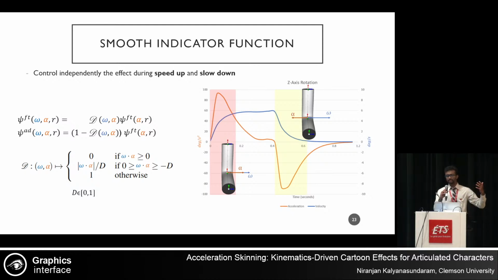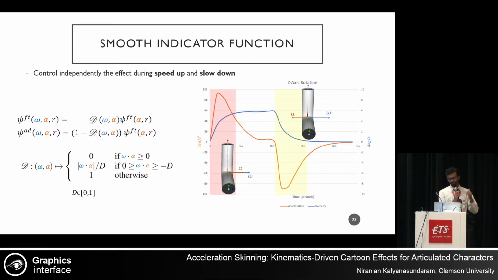That's a lot of confusing math, so let me break it down for you. What all this is doing is comparing the directionality of velocity and acceleration. If they're pointing in the same direction, it's drag, or the speed up phase. If they're pointing in opposite directions, oh, sorry, I misspoke. If they're aligned, it is the speed up phase.